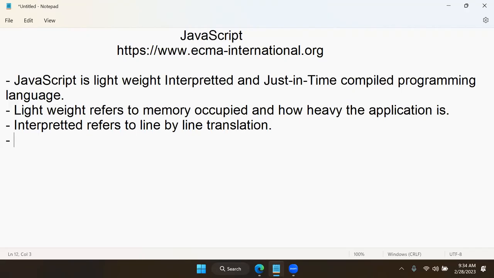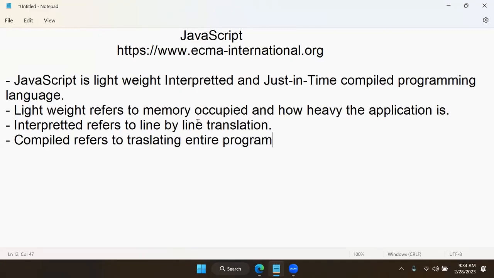Another important thing is that it is also compiled. JavaScript is compiled. Compiled refers to translating the entire program. Compiled means the entire program is translated.